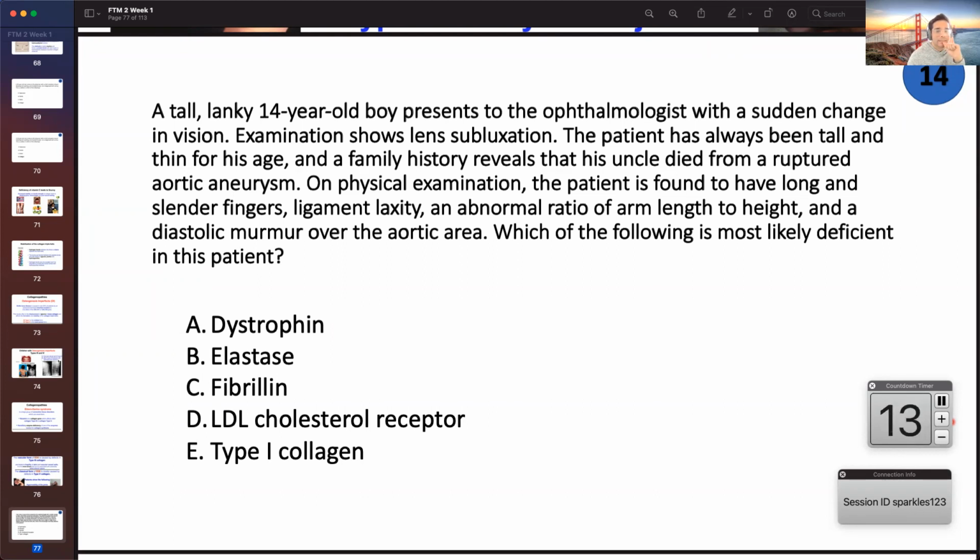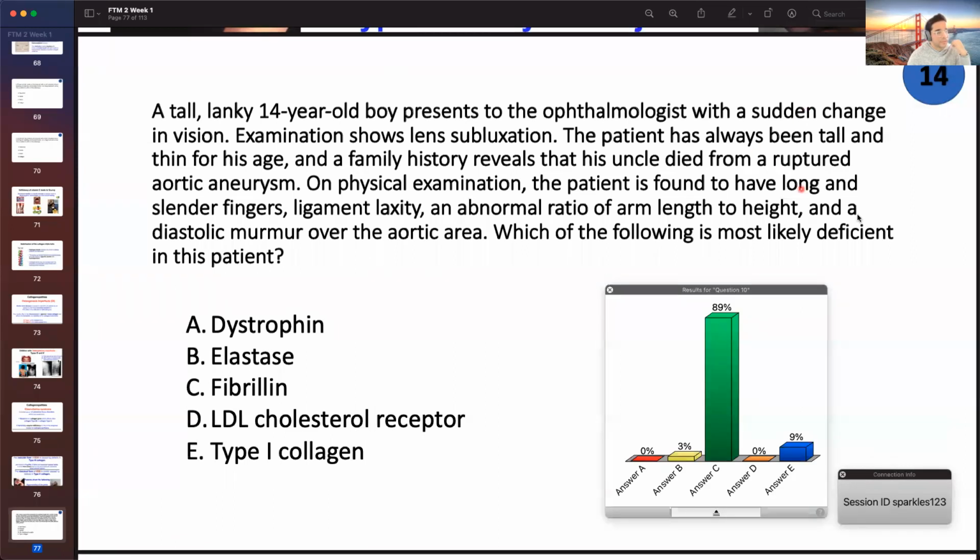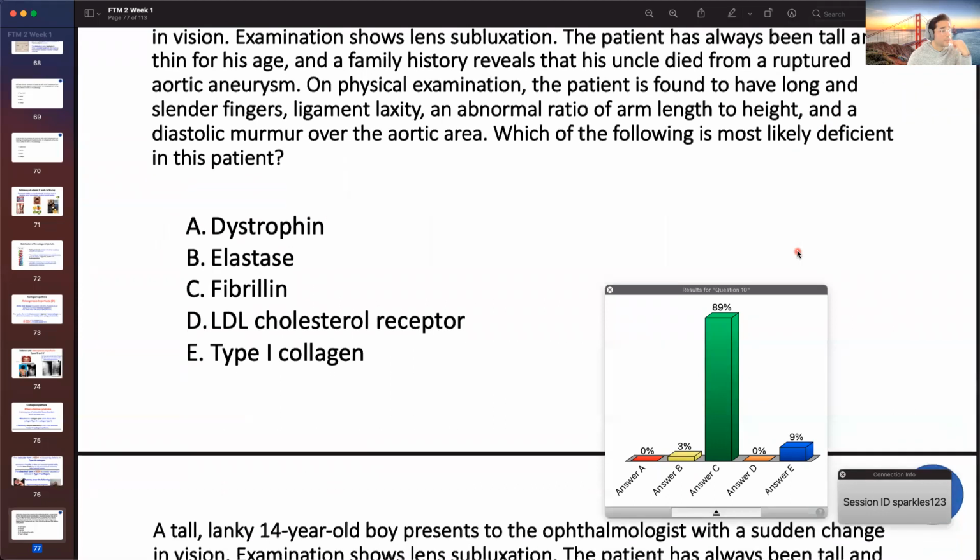Lanky is not a technical term, that much I can say. I'm glad we can help, guys. This material is tough. FTM is tough in its own kind of way. So you guys are doing swell.